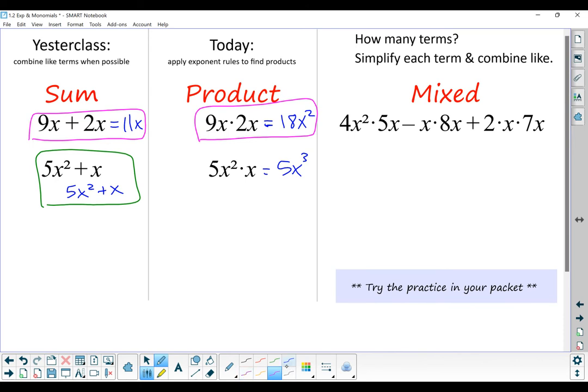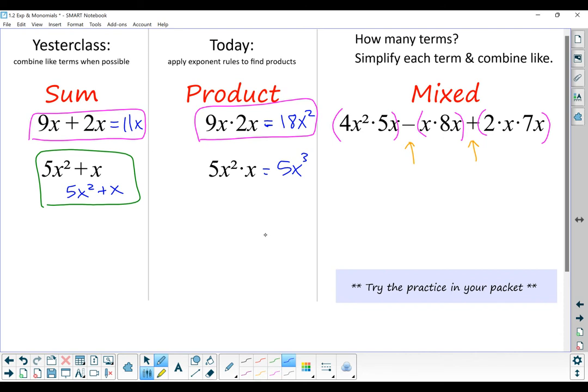Remember, terms are separated by addition or subtraction. So in this case, I have a minus sign right here, and I have a plus sign right here. So this expression really has three terms. We've got a term right here, a second term right here, and a third term right here. So really look for those addition and subtraction symbols to help you separate terms.